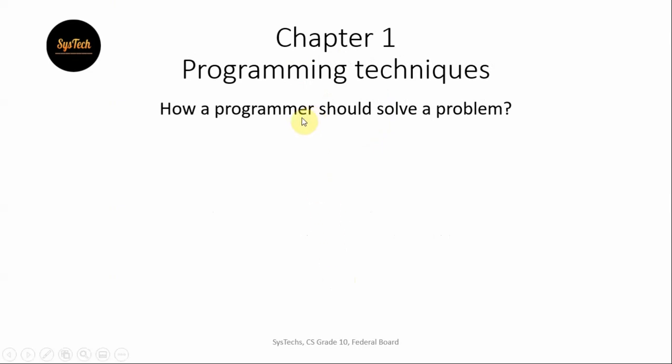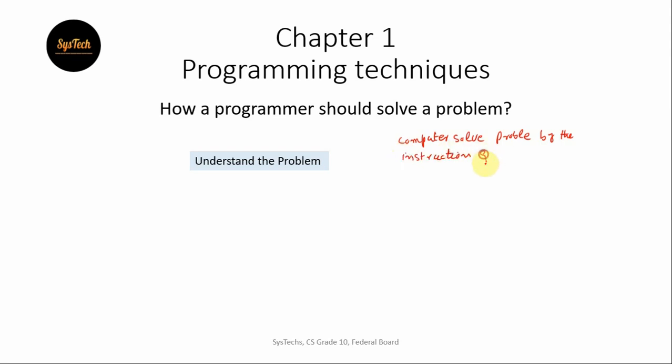And in programming techniques, the first question is how a programmer should solve a problem. The first important thing, we must know that computer itself is nothing. Computer solves problem by the instructions given by human beings, and these human beings are called programmers.